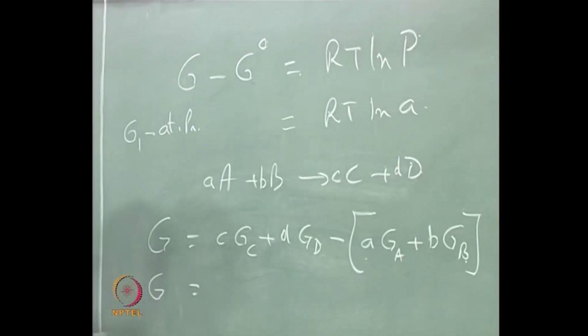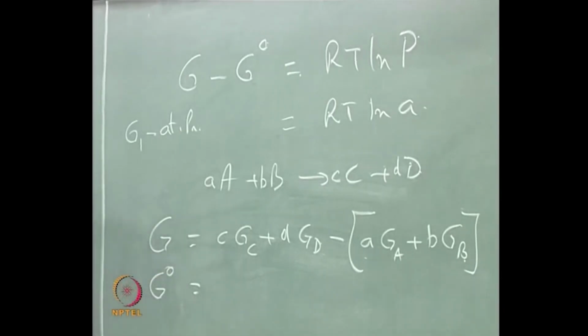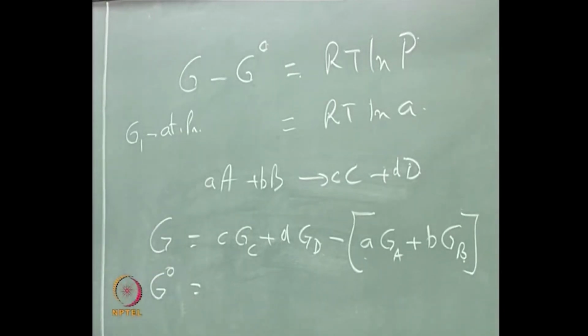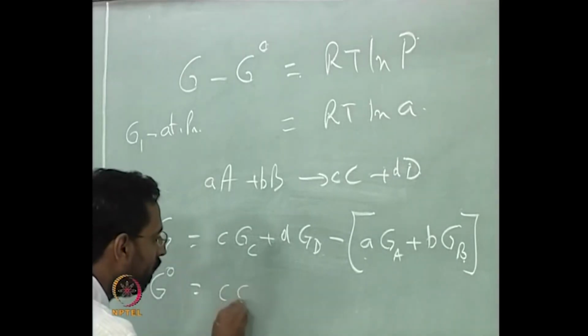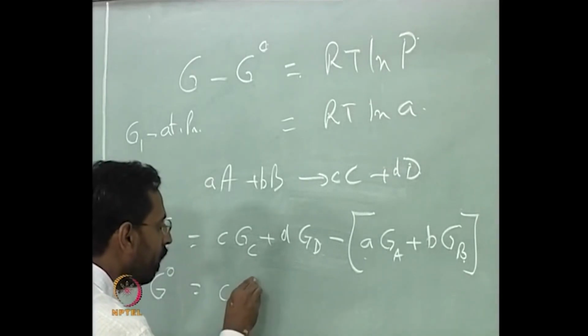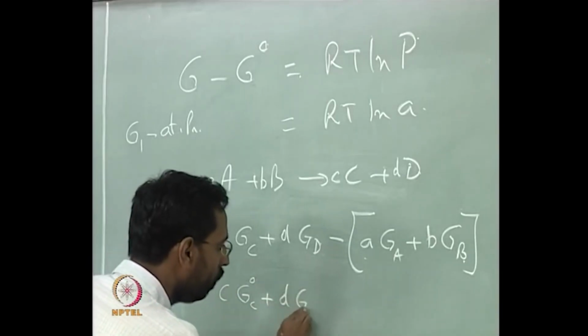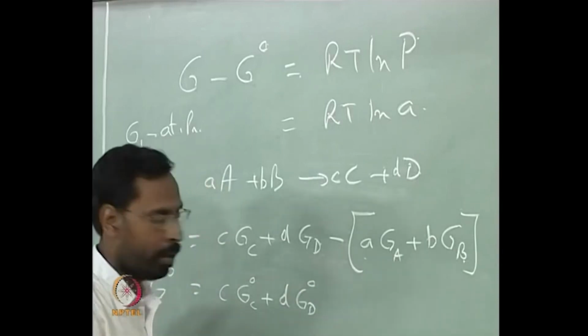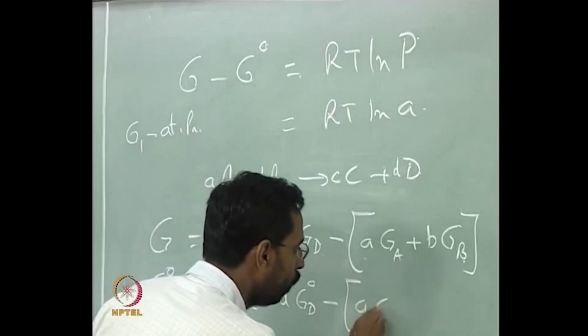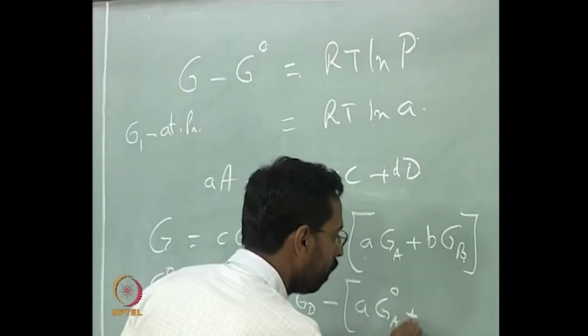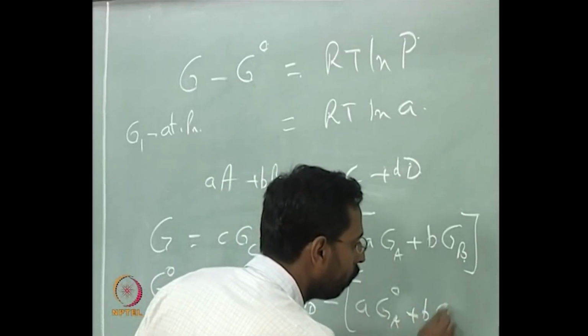I can also write the same thing at a standard state. Sorry, I will put a naught on the top. That means at atmospheric pressure, if this reaction is happening, then I can write it as C into G C naught plus D into G D naught minus A into G A naught plus B into G B naught.